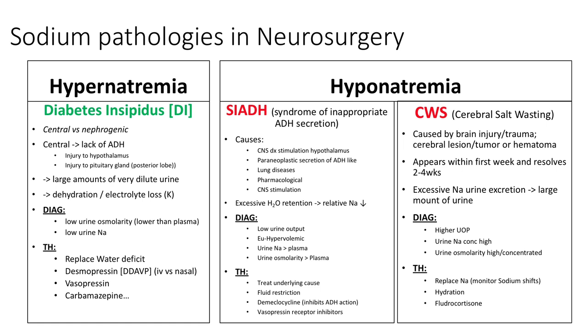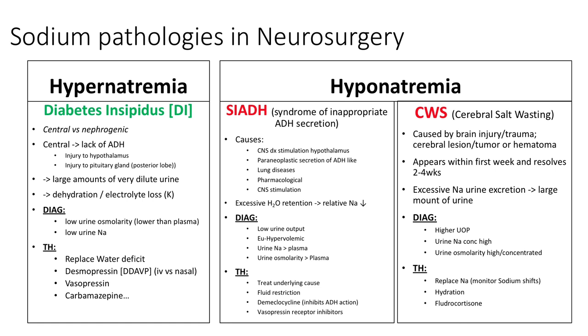For the treatment approach, you need to know if it's central or nephrogenic. First of all, you will replace the water deficit. Then if it's a central DI, desmopressin, which is DDAVP, or ADH, either IV or nasal, will replace the hormone the patient doesn't have, and therefore immediately reverses the large urine production.